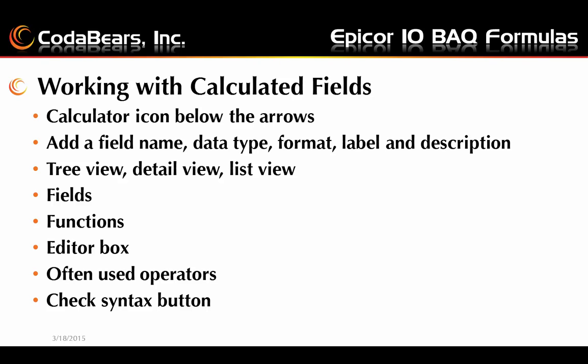There are also different areas in the calculated field window, including a tree view, a detail view, and a list view. There is a box that includes the fields for you to select to use in your calculated expression formula, and there's a box that lists the common functions you can use in your calculated fields.